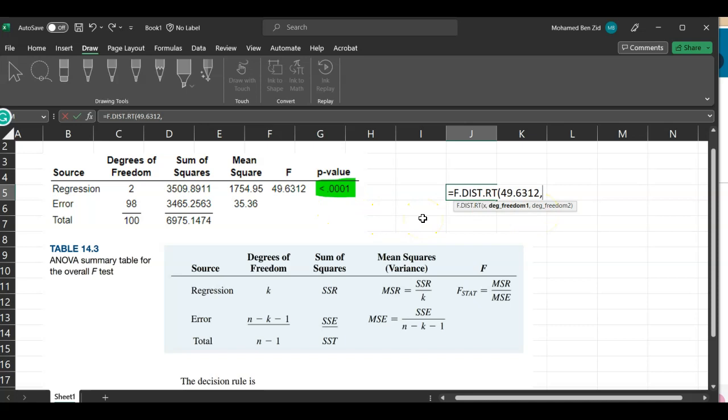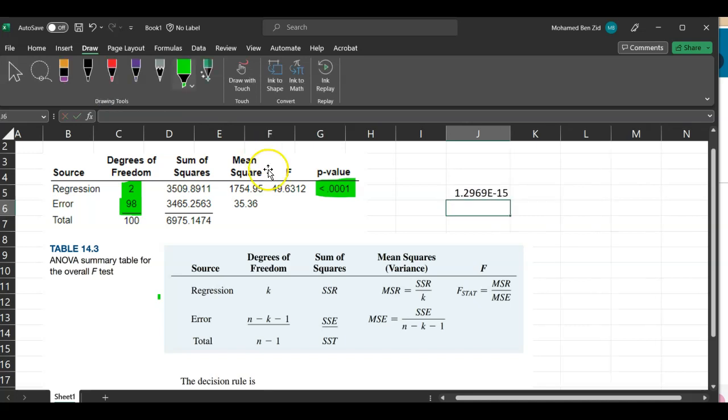K is 2, and N minus K minus 1 is 98. So we input 2 comma 98 and close the parentheses. This gives us 1.2 e to the minus 15, which is technically 0.